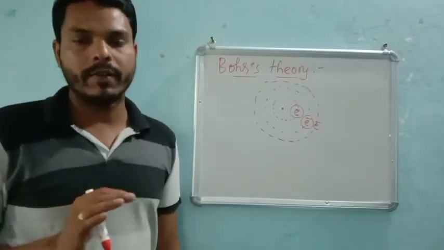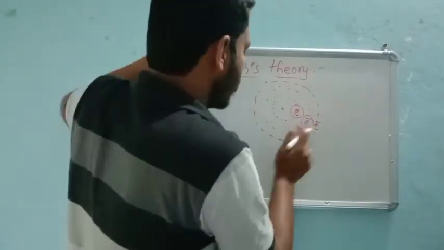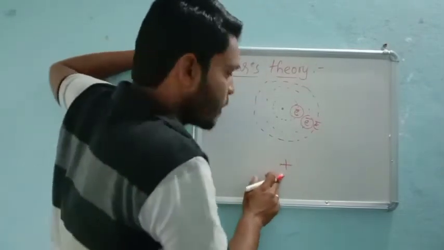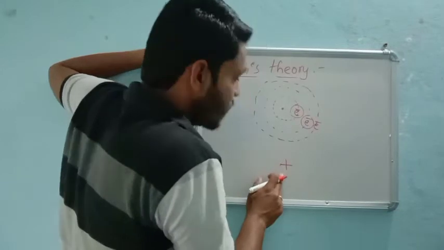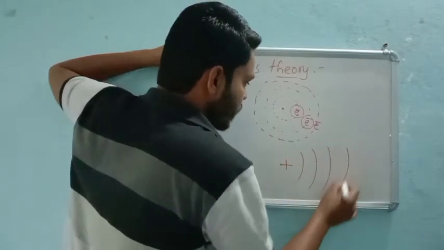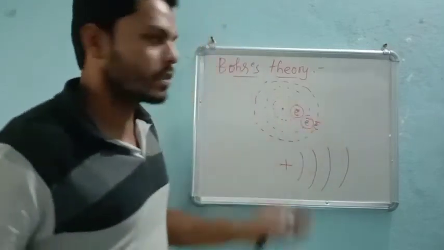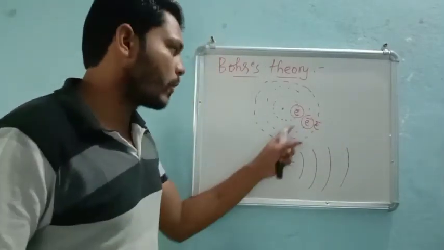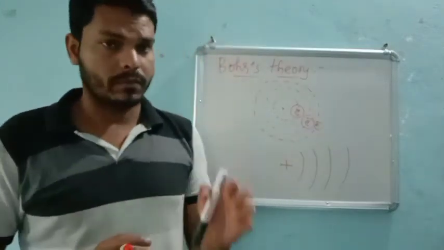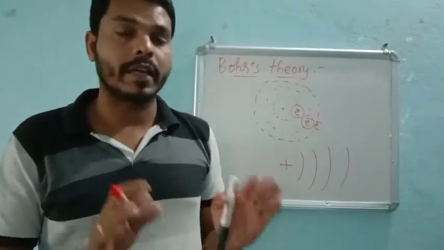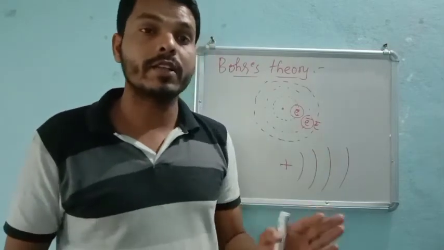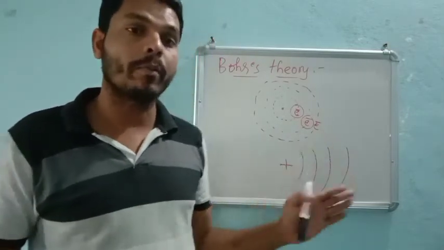The energy levels are represented. The nucleus is positive, so protons will be present in the nucleus, and thus the nucleus is positive, right? According to him, each orbit has some amount of energy. That means electrons in each orbit will not have the same energy. Energy will be different from orbit to orbit.